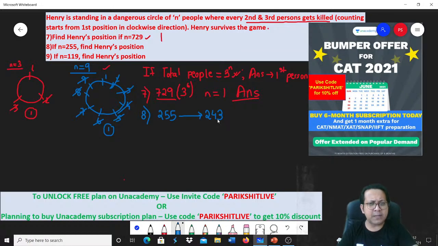So how many people do you need to kill? You need to kill a total of 12 people. If you have to kill a total of 12 people, how many people should be there in the circle?